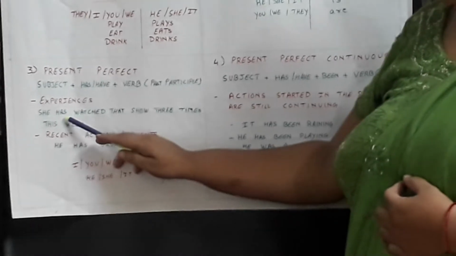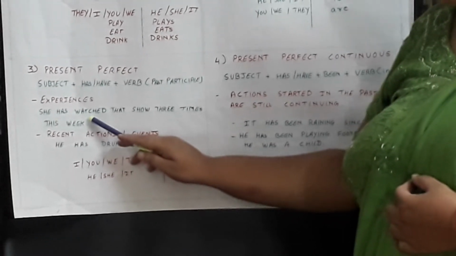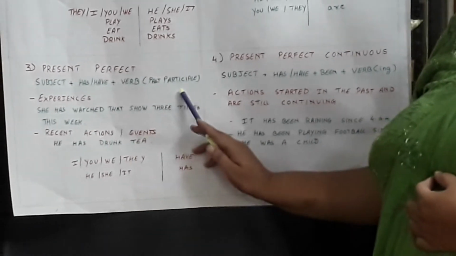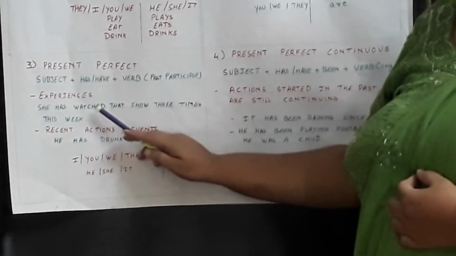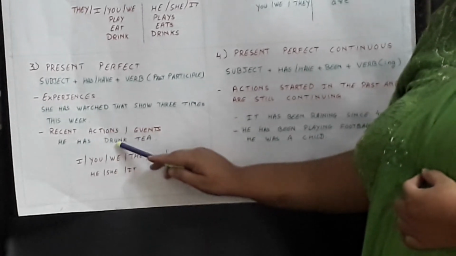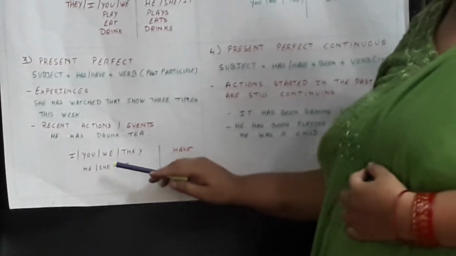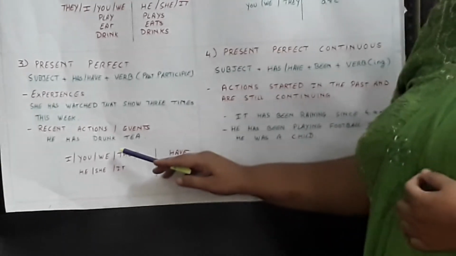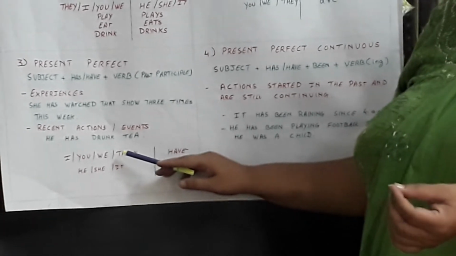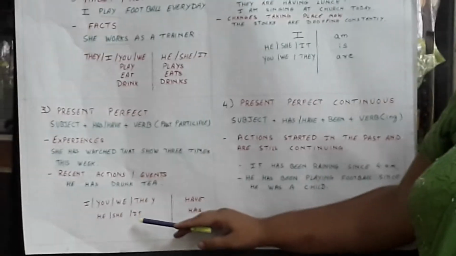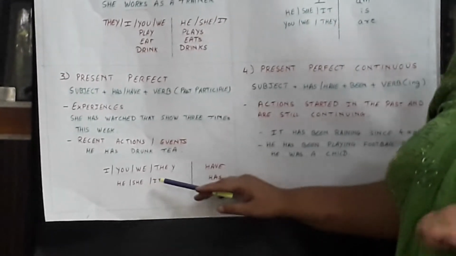Here I have used the base verb watch in the past participle form. I have added ed to it, watched. And again the base form for drunk is drink. So there are certain exceptional verbs in which we have to convert the verb without adding ed or en. For example, eat becomes ate.